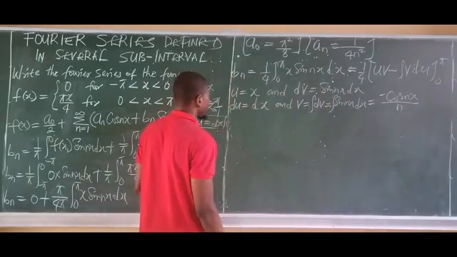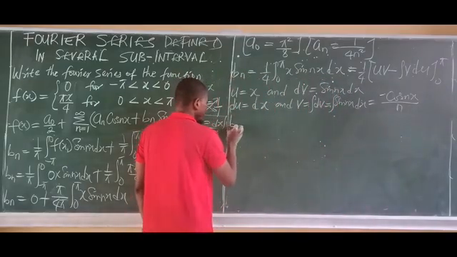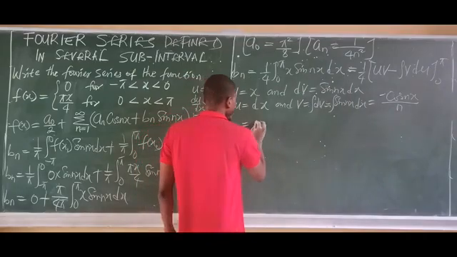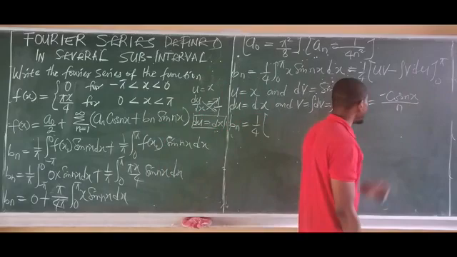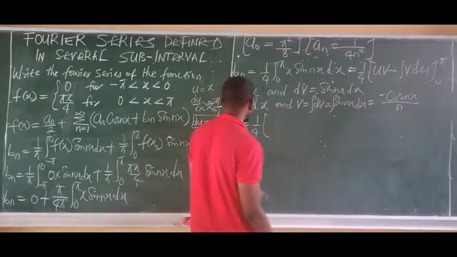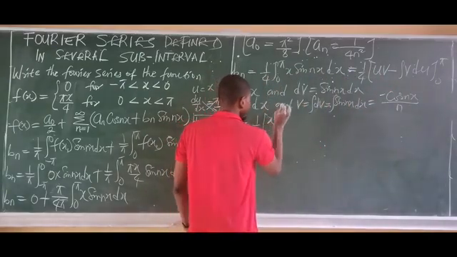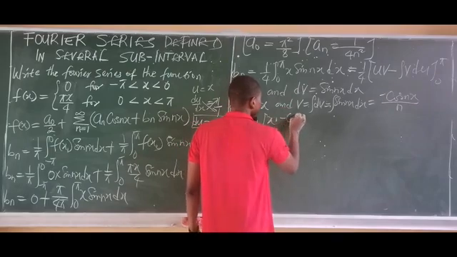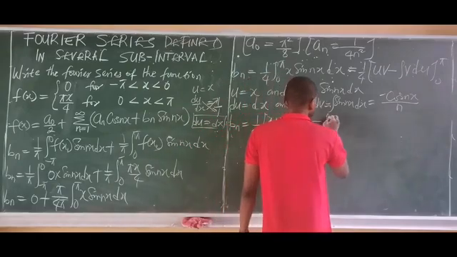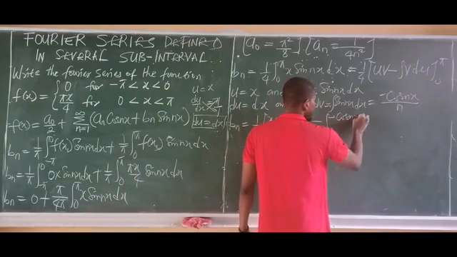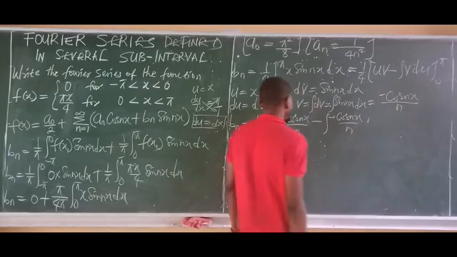Okay, so let's plug into the formula. Bn is now equal to 1 all over 4. The formula says u times v, and u is x, so this is x times v, which is minus cos nx all over n, minus integral of v du. V once more is minus cos nx all over n times du.